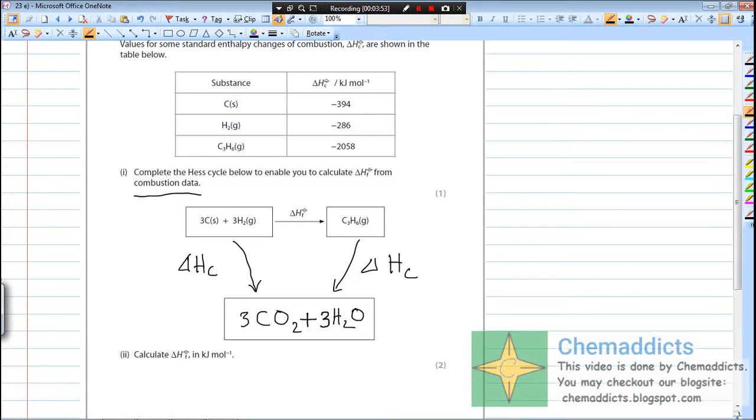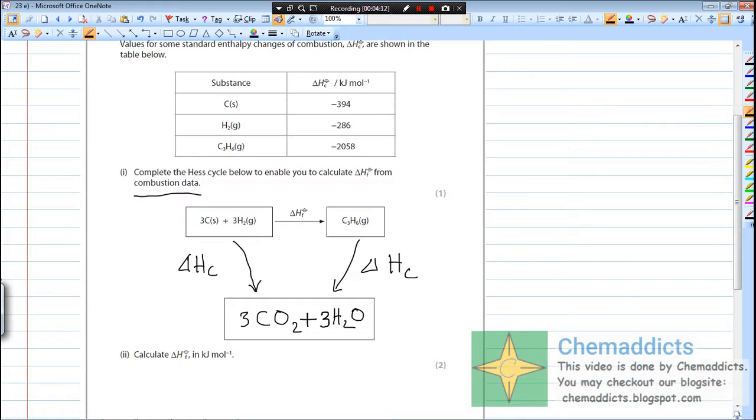There is one thing we need to know: we need to write the balanced equation for this reaction. How did we come to know that this should be the perfect equation for this Hess cycle?